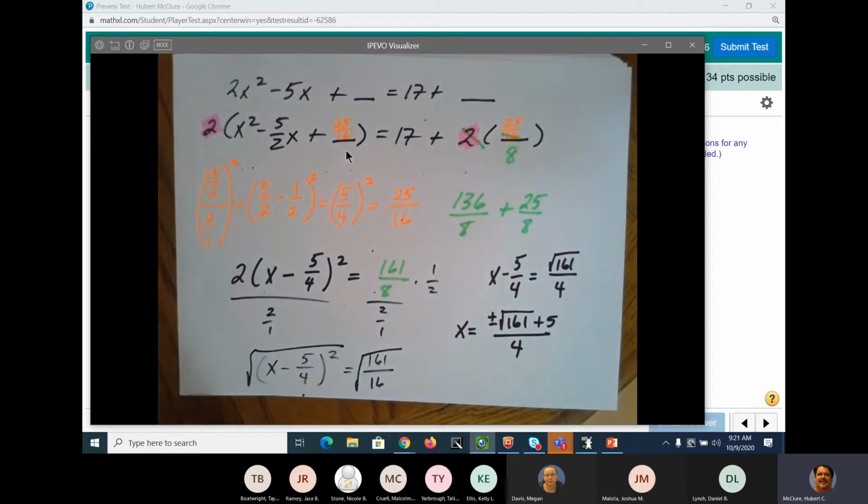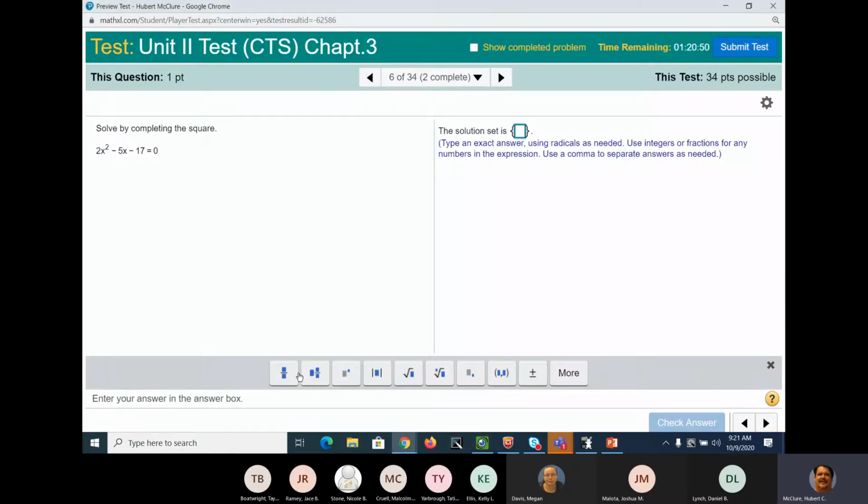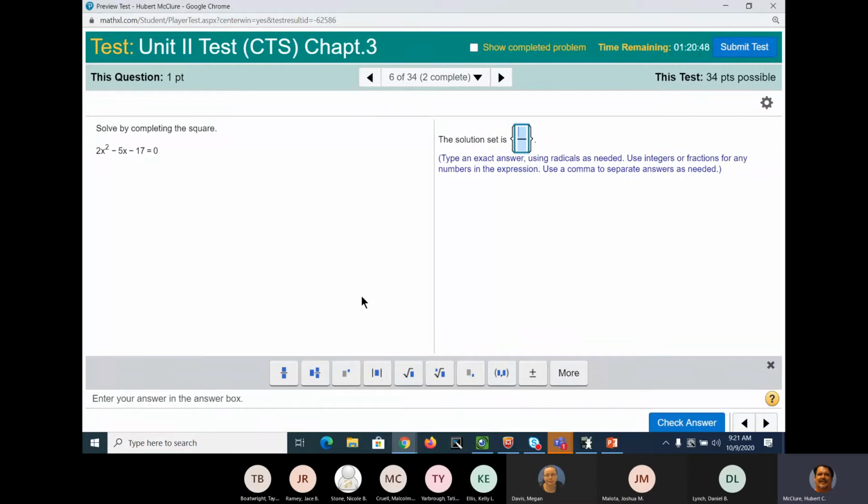An exact means with the radical. So that means I'm going to use the fraction bar, and I'm going to put negative square root of 161 plus 5 divided by 4. I'm assuming that 161 is not a perfect square, so I'm not going to try to reduce it.